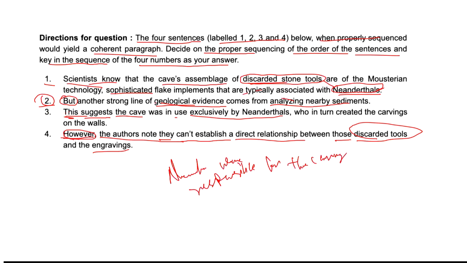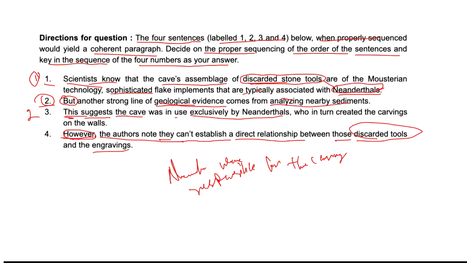On the basis of this idea, we can find out that option 1 would be first, as it gives an idea that scientists know the stone tools are of Mousterian technology, typically associated with Neanderthals. This sets the stage for the discussion about Neanderthals. Second, sentence 3 explains that the cave was in use exclusively by Neanderthals and they created the carvings on the walls.